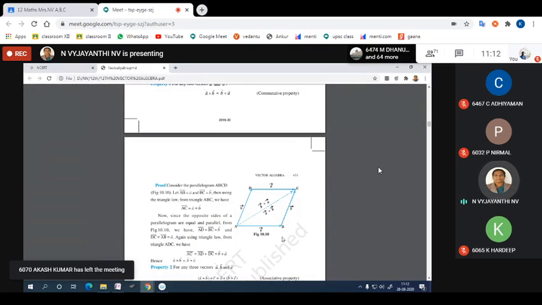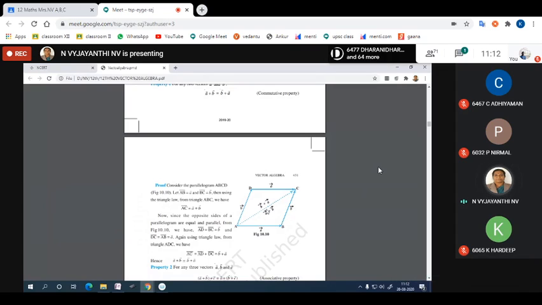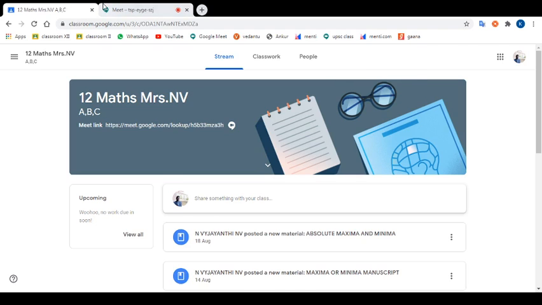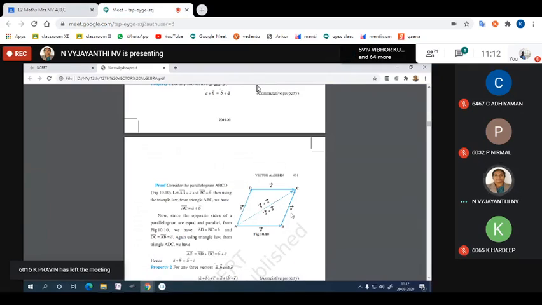By triangle property, the diagonal is A plus B. The proof is not needed, but you must know something about this. By triangle law, AC vector is A vector plus B vector. And as this is a parallelogram, BC will be parallel to AD. So BC vector and AD vector are both equal in magnitude and equal in direction. Therefore, if BC vector is B vector, AD vector will also be equal to B vector, isn't it?